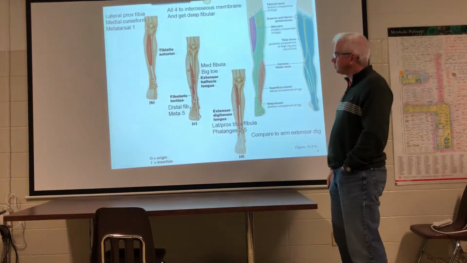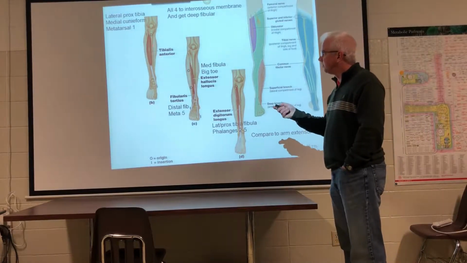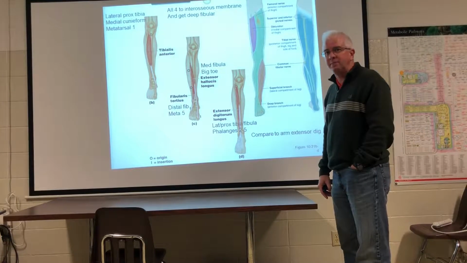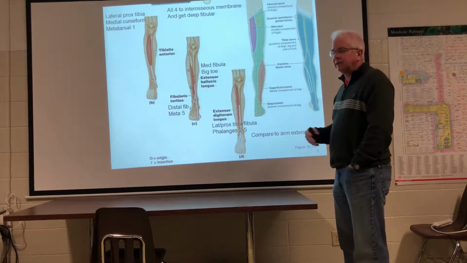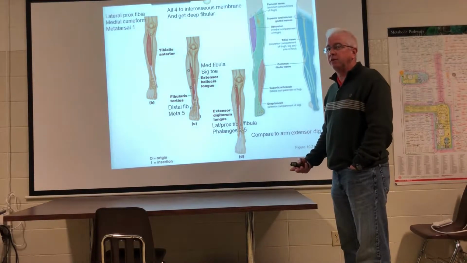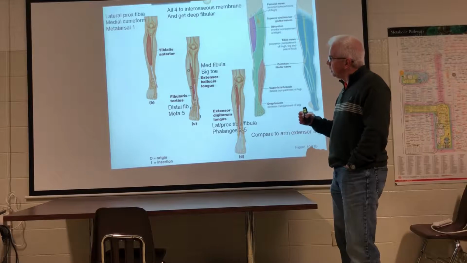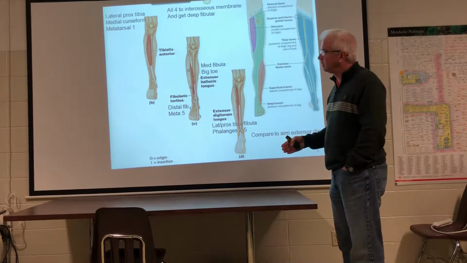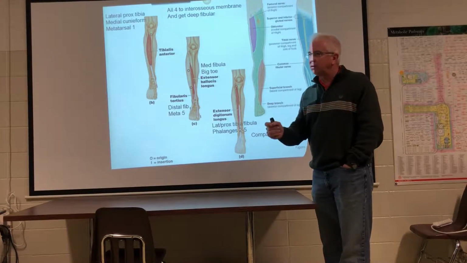All right, now, for attachments. First, the tibialis anterior. If you feel the front of your leg, it's bone. The front of your leg is bone. It's tibia. So tibialis anterior makes you think this is on the front of the tibia, and that's true. But the reason I said it that way, the front of your leg is bone, is because I want you to see here clearly that the tibialis anterior is best viewed from a lateral view.